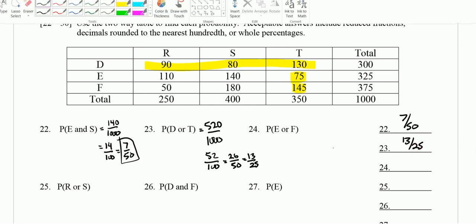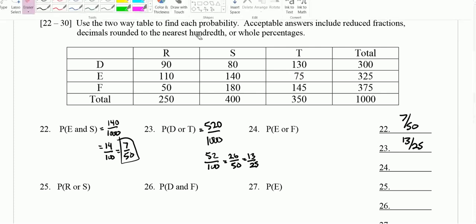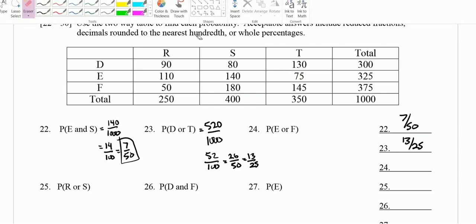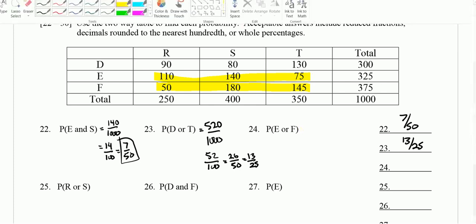Next one is E or F. So everything here highlighted is E, everything here highlighted is F now. Add those up. We get 700 over 1000.